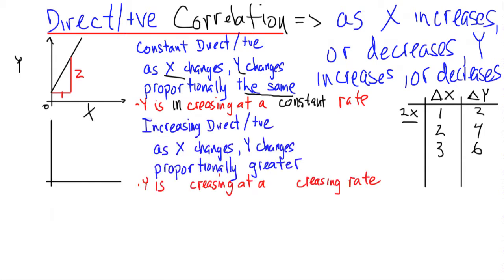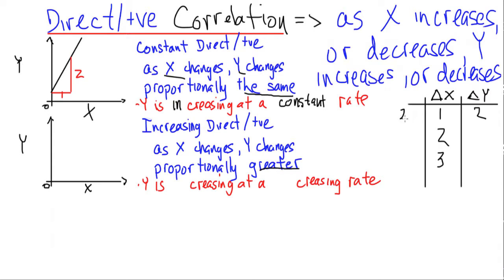The second correlation is an increasing direct correlation. An increasing direct correlation is one in which as x changes, y changes, but proportionally a greater amount. So if we have x changing by 1, 2, and 3, and y is changing a greater amount each time, then initially we could have a change in y of 2.